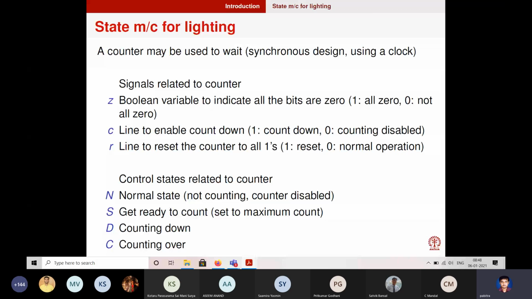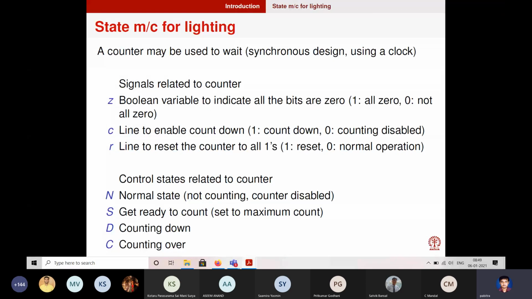Okay, so this is the first point, and the second is there is a sequence in which the counter moves from one state to another state. Maybe the state changes. This will depend on 2 things. First thing, it can only happen at the tick of the clock. Second thing, this will be triggered.